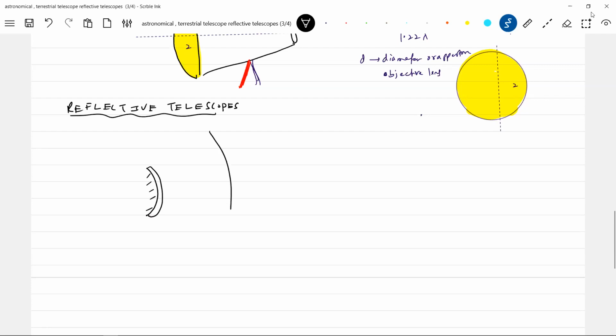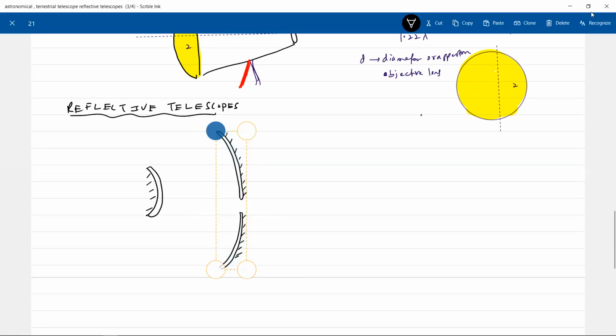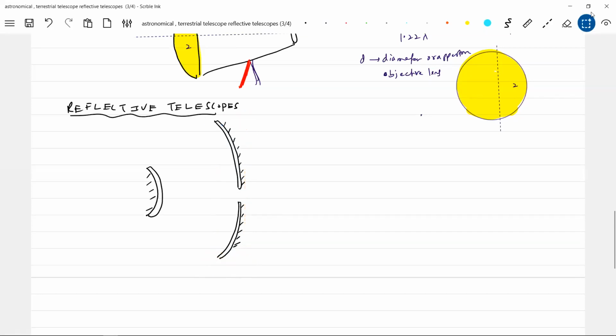There's a mirror. Okay, light coming from far away object.